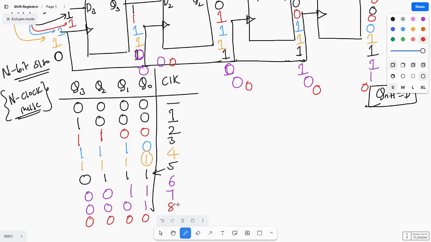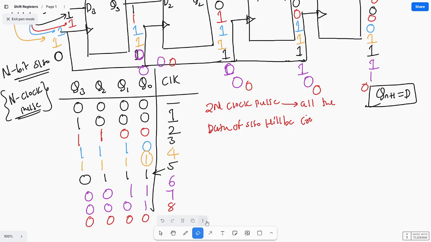So from here I can say that at the 2n clock pulse, all the data of SISO will be cleared.